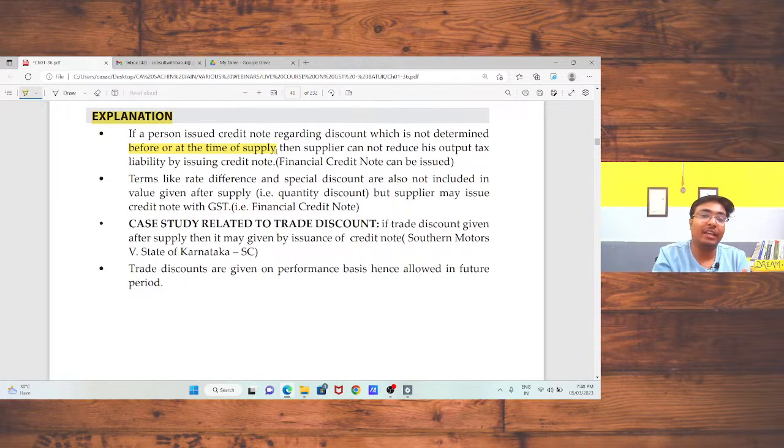You can reduce your taxable value to 18,000 only, but you cannot reduce the figure of CGST, SGST or IGST. Is that okay? This example is okay. Please comment in the chat box, because this is the most important term; at the time of departmental audit or litigation, maximum disputes arise due to the discount term. So is that okay, sir? Please comment in the chat box.